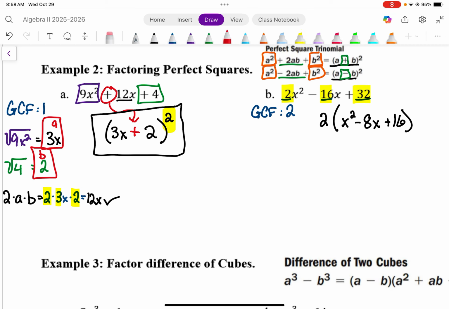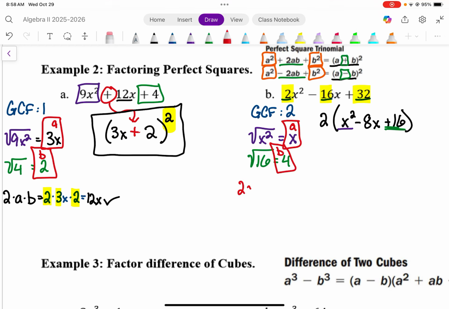Now, inside the parentheses, we have our 3 terms. We're going to check, can we factor using perfect square trinomials? Is our first term a perfect square? The square root of x squared equals x, and then is our last term a perfect square as well? In this case, they are. So x is going to be our a value, and 4 is going to be our b value.